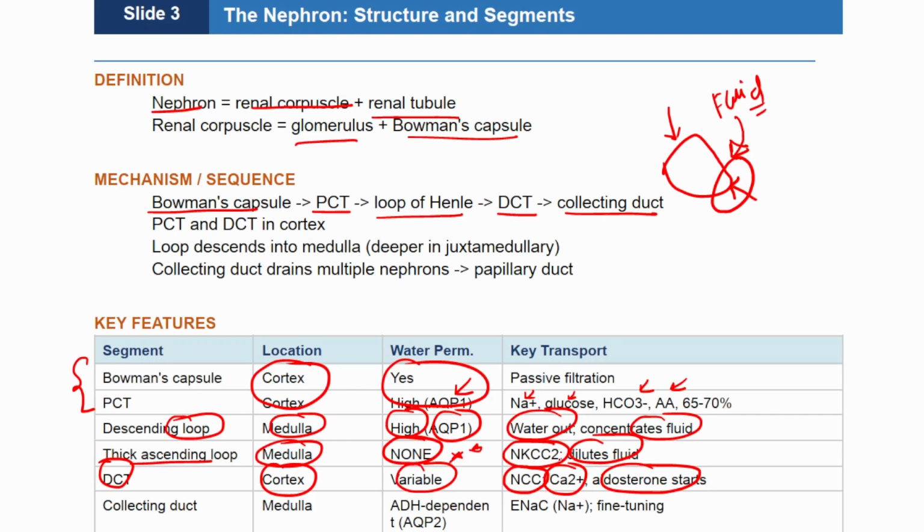The collecting duct descends back into the medulla, possessing ADH dependent water permeability regulated by aquaporin 2 channels, and uses epithelial sodium channels or ENaC for fine-tuning sodium reabsorption. When patients suffer from fluid overload or severe hypertension, clinicians routinely intervene pharmacologically using diuretic medications that target these transport proteins.